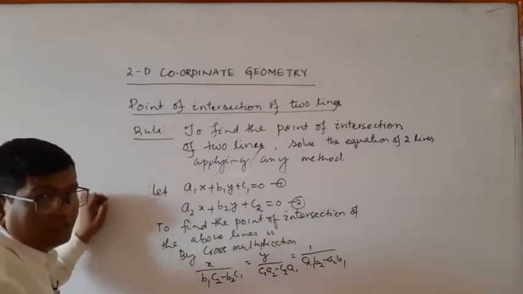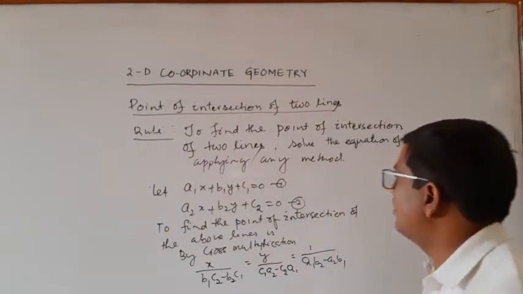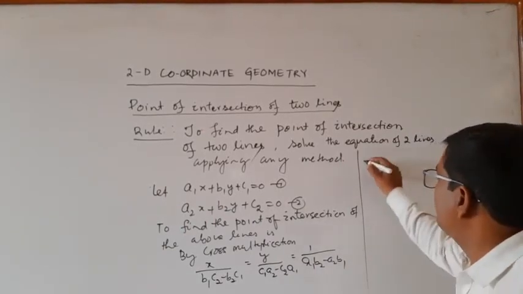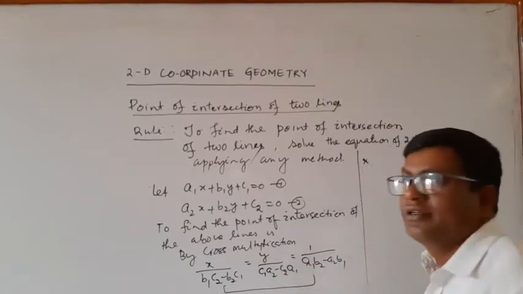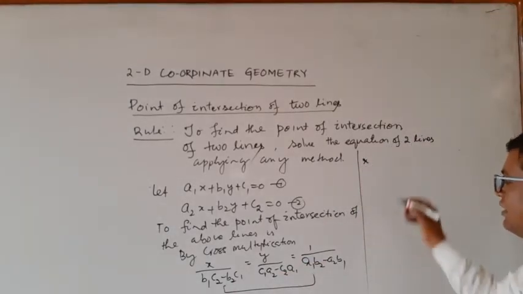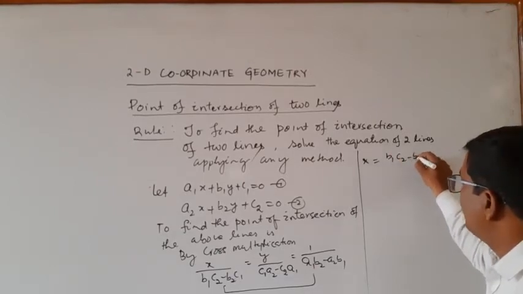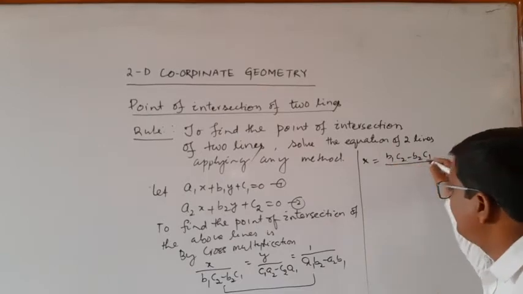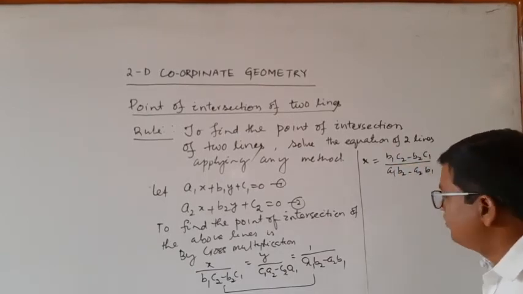Now x is equal to what? Equating first and last, x is equal to b1 c2 minus b2 c1 divided by a1 b2 minus a2 b1.